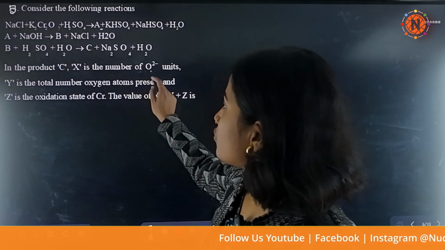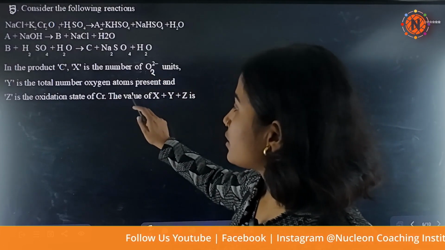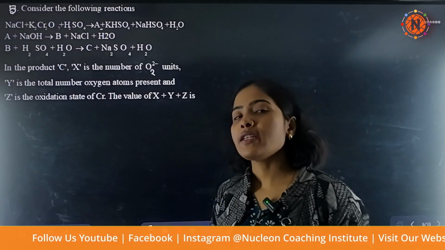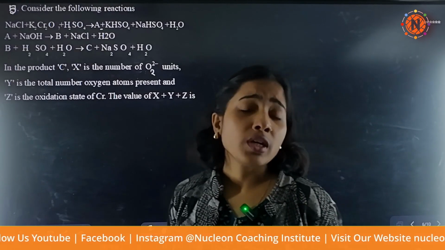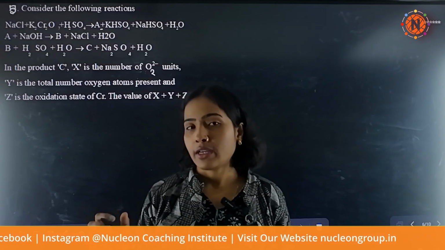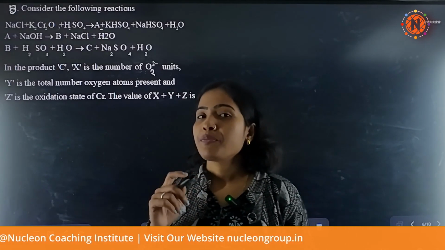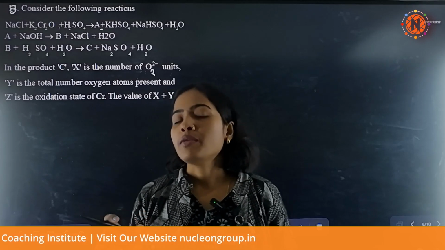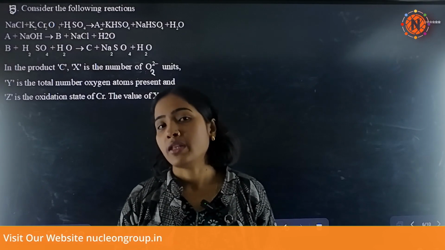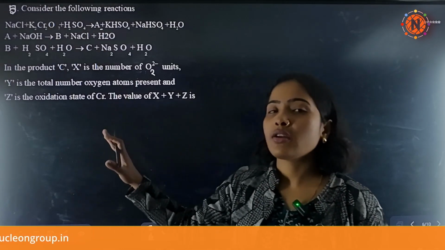If X is the number of O2 2- units, Y is the total number of oxygen atoms, and Z is the oxidation state of chromium, we have to find the value of X plus Y plus Z. If you go through the class 12 chemistry practicals, you might have found the salt analysis test, an experiment where we use a reaction to confirm chloride as an acidic radical in the given salt sample. That particular reaction is called the chromyl chloride test.